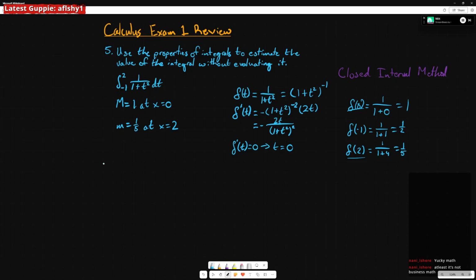Okay. Because now we have our minimum and our maximum values, 1 and 1/5 at x equals 0 and x equals 2 respectively.